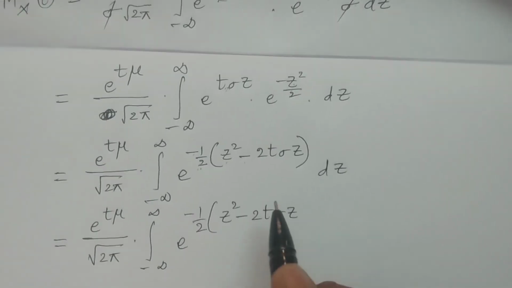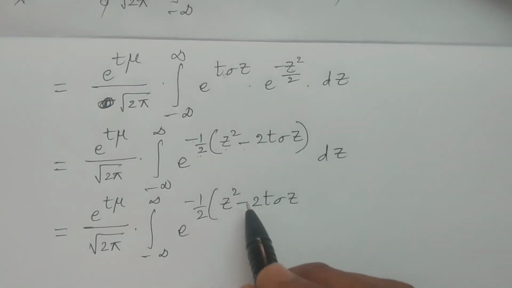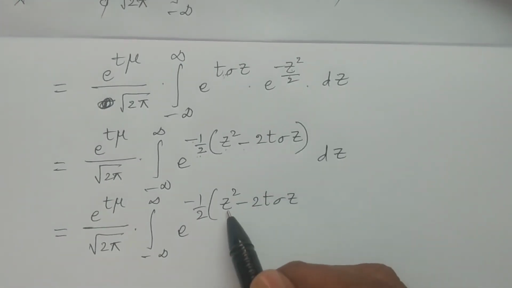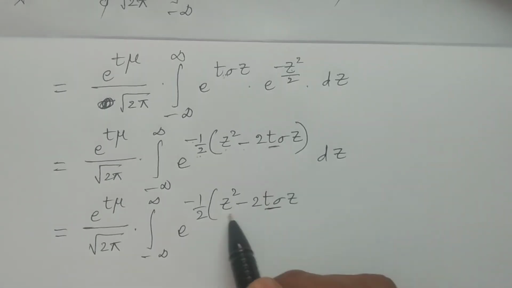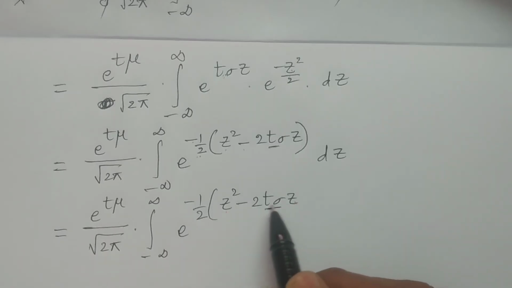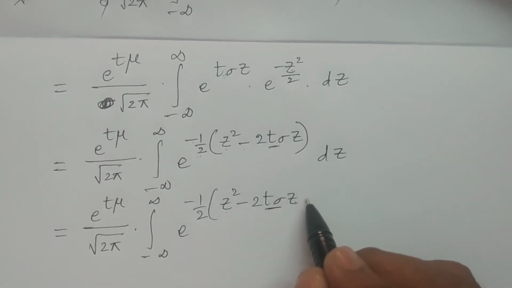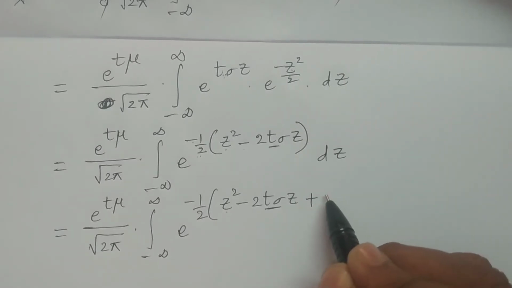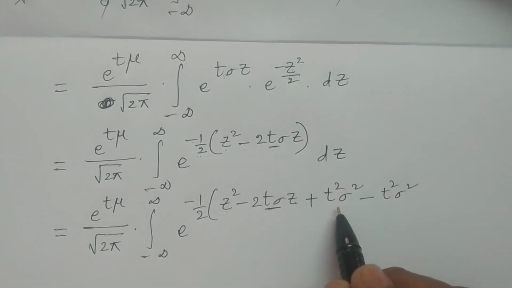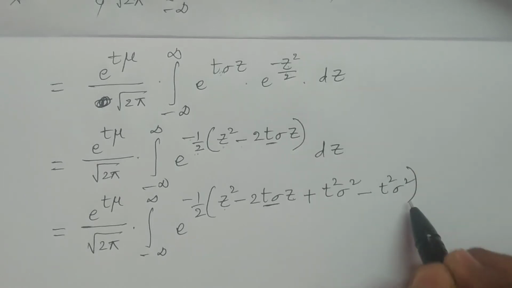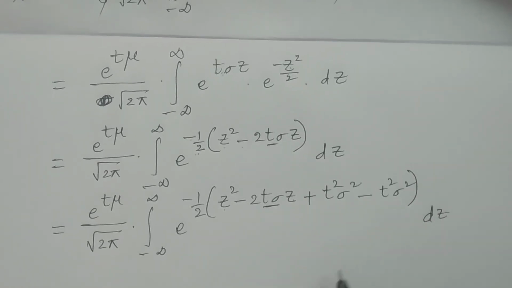Now, if you consider z is equal to a and t sigma is equal to b, then this is a square minus 2ab, and then it requires plus b square. B is t square sigma square, so add and subtract t square sigma square in the power dz, right?